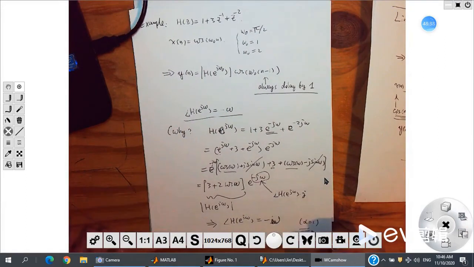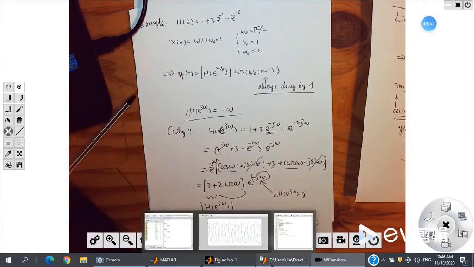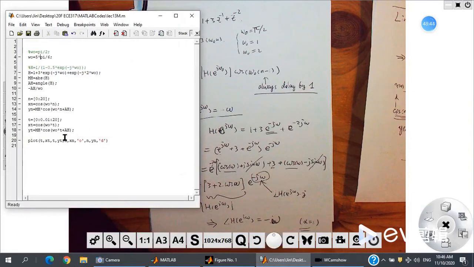And this one we can also see the graph of this. This is figure 1. Figure 1 gives the plot of the input and output signals.